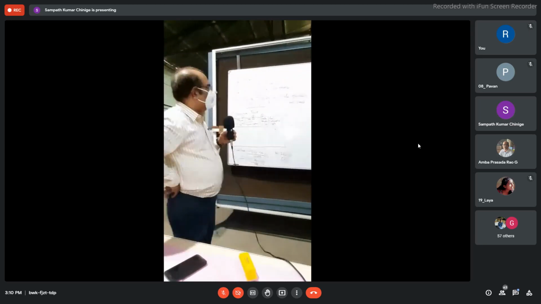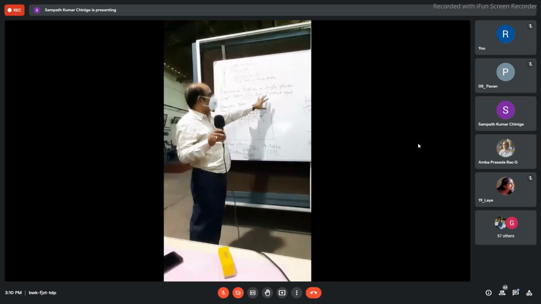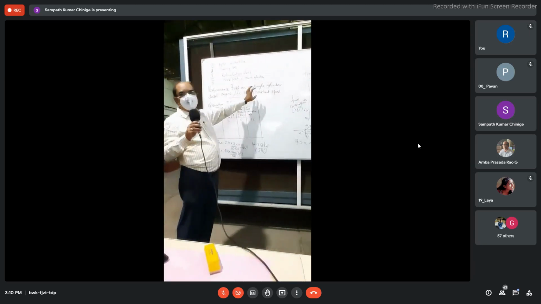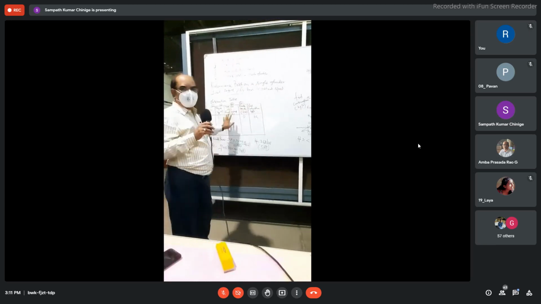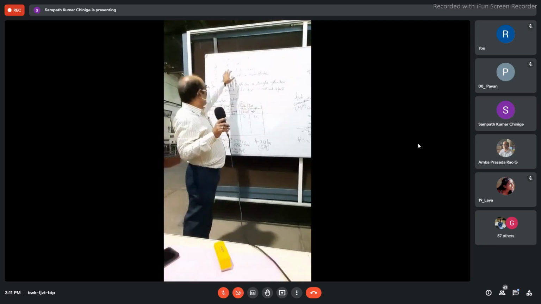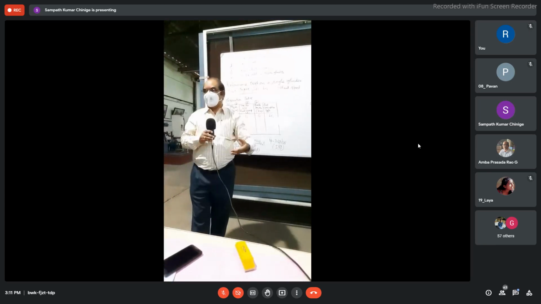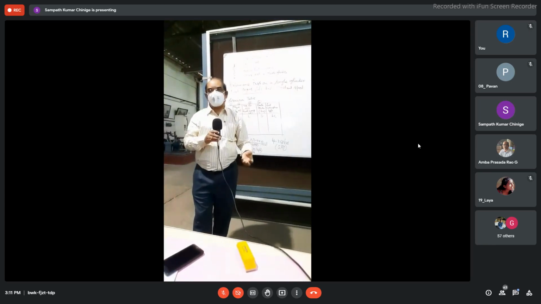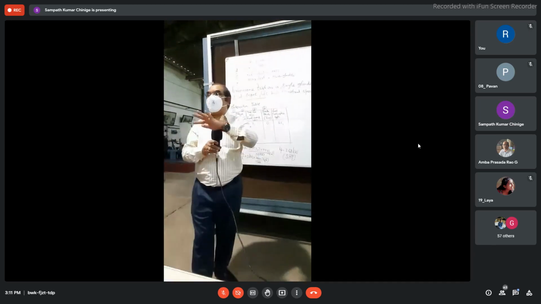So for that, what do you do? In the constant speed test, if you remember, we brought the engine to 1500 RPM, irrespective of the torques. In this also, I allow the motor to run the engine for a very short duration so that the engine is brought to 1500 RPM, by cutting off the fuel supply.